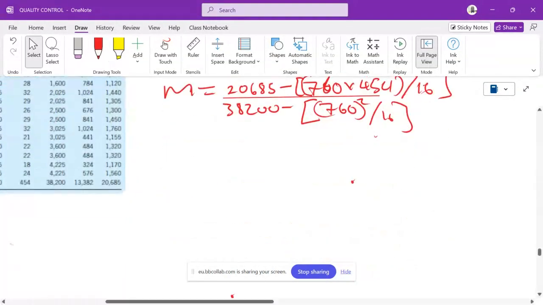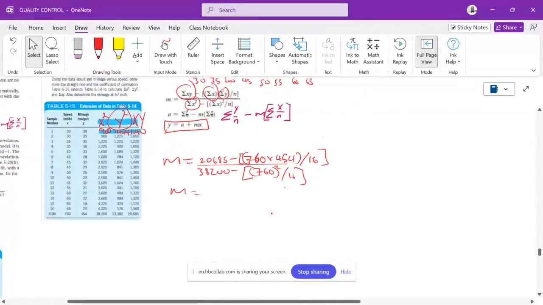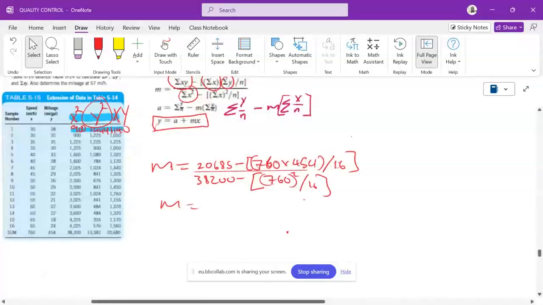So now my m is equal to... The best thing here is to write down all the values that you're going to need. So we have m, y, and x.